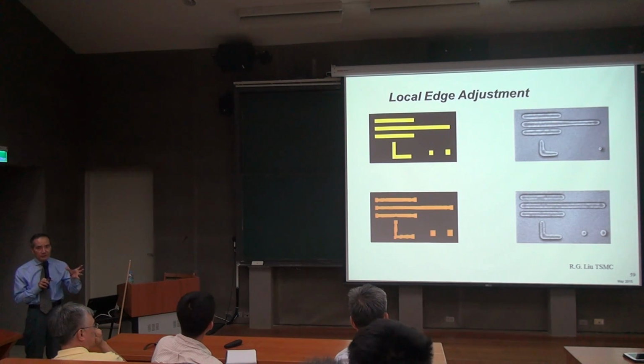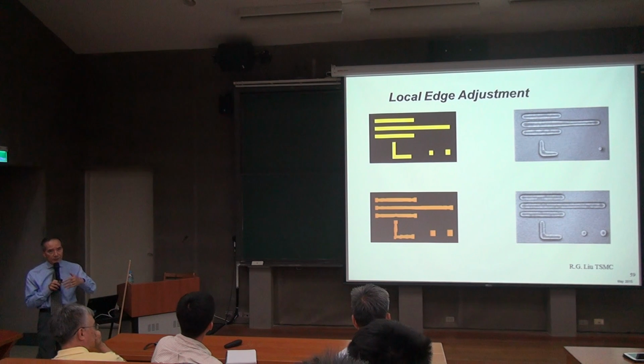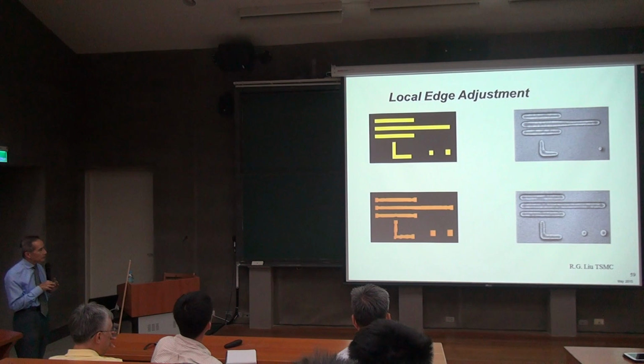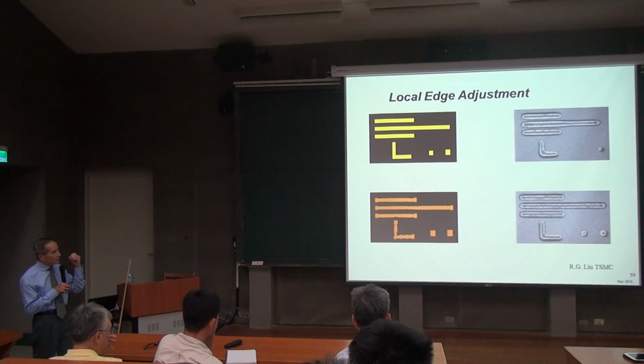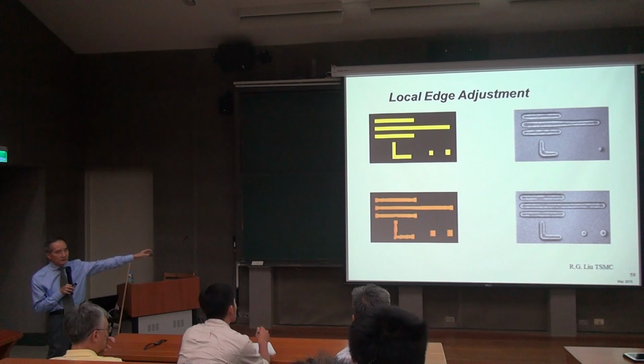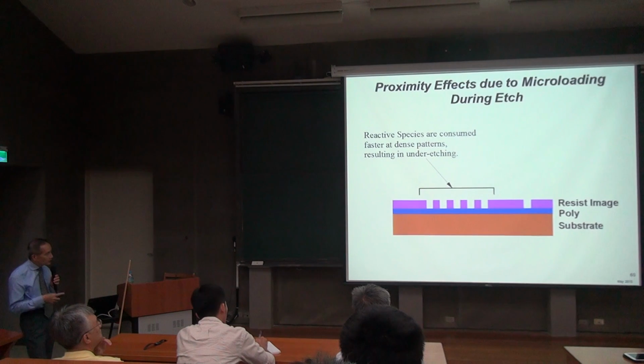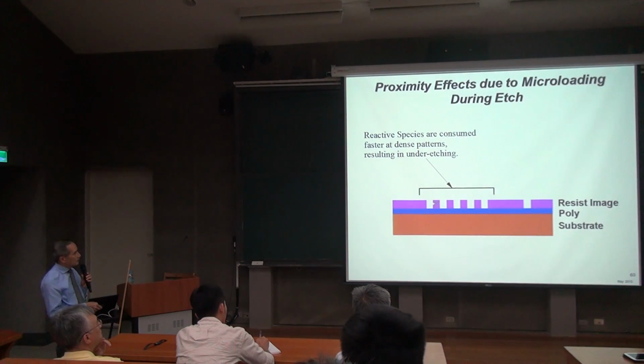You have to deal with, let's say, 10 nanometer technology, and the mask has a lot of pixels, 10 to the 12, 13 number of pixels, and you have to correct all those, and you do that in a reasonable cycle time. So you have to do it at a very high order of correction, and you have to do it very fast to get this. And not only optical, even if you're doing etching, you try to etch these, because here you've got a higher density of the etch pattern, you consume your reactive gas faster than here.